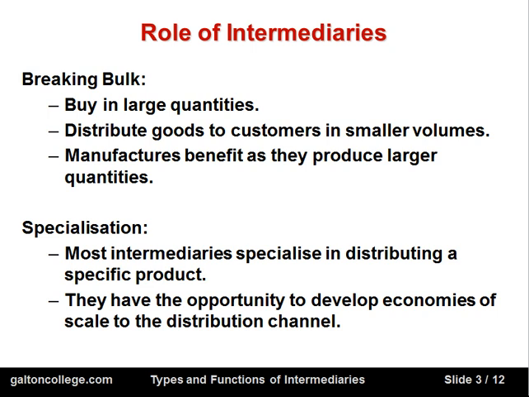And also, because they have expert knowledge and because they buy in large quantities and break bulk, they're able to develop economies of scale in the distribution channel. So they're able to distribute efficiently. So there are many advantages then to intermediaries.